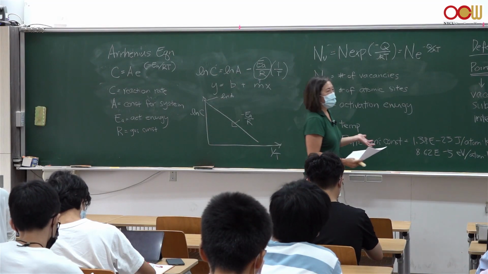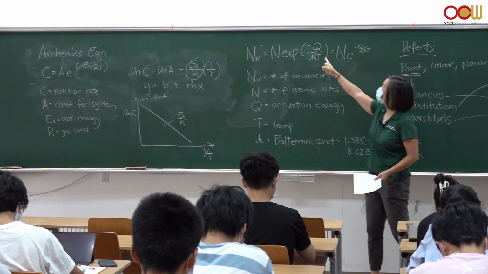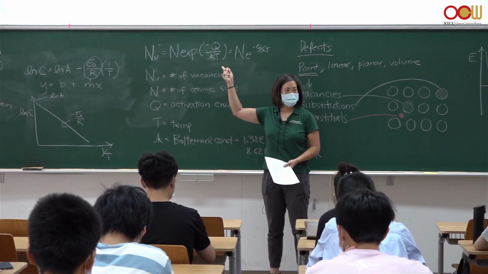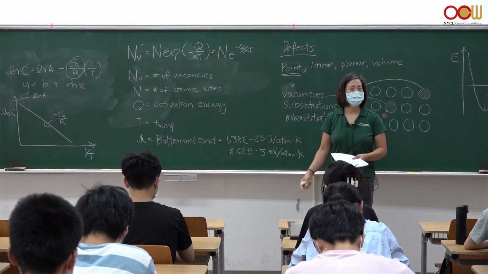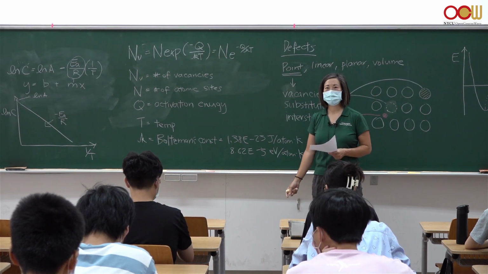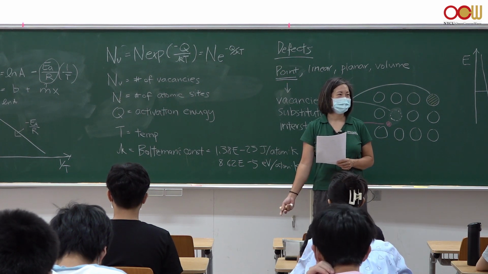So let's say you were wondering, how do I know the activation energy for a vacancy in iron, in the BCC form? How would you measure that, do you think?